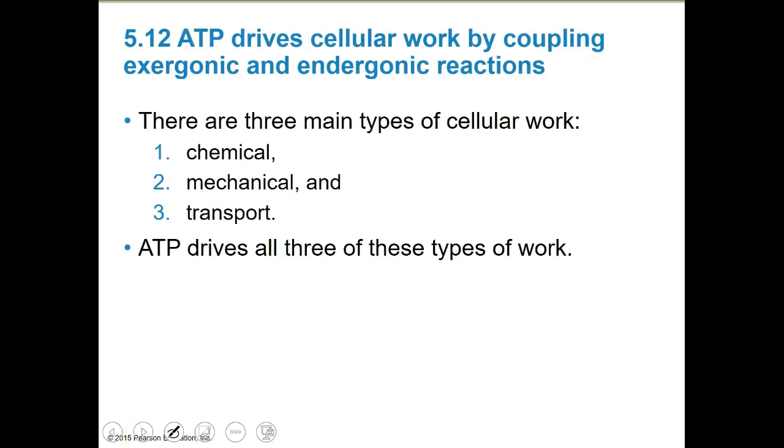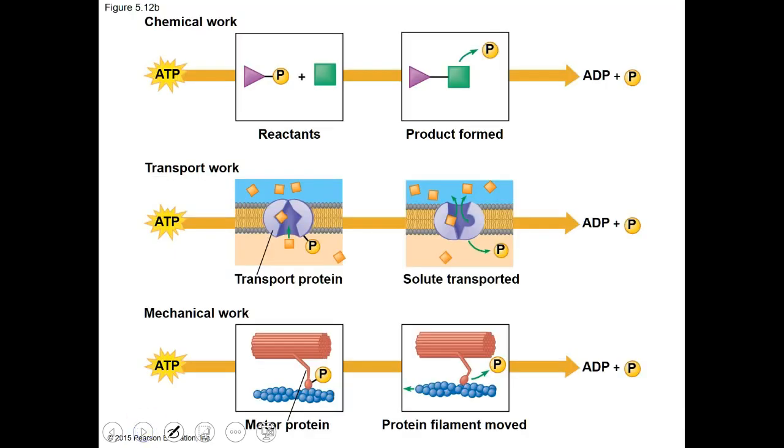All right, there are 3 main types of cellular work: chemical, mechanical, and transport. ATP can do all of those. We won't really get into it a whole lot, we'll use more ATP a little bit later, but just to give you an idea, it can do chemical work, so it can sort of be a catalyst, like what we'll talk about with enzymes, but it does a slightly different function, making it happen a little bit faster.